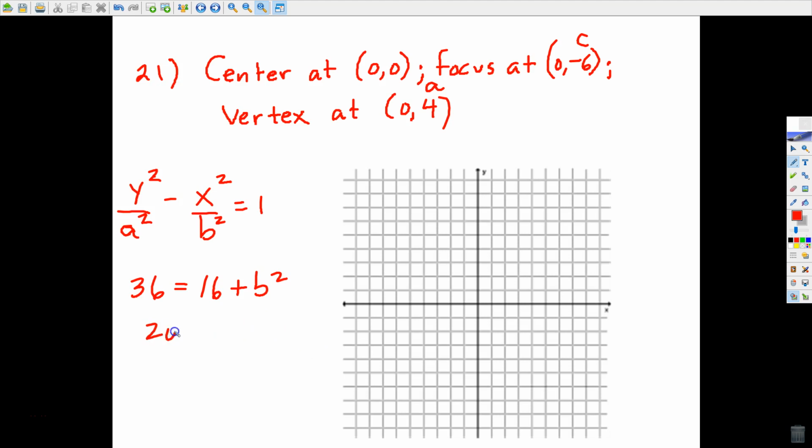And so b squared is going to be 20. So the equation that's being asked for: a squared, remember, for a hyperbola is always the left denominator, and b squared is always the right.